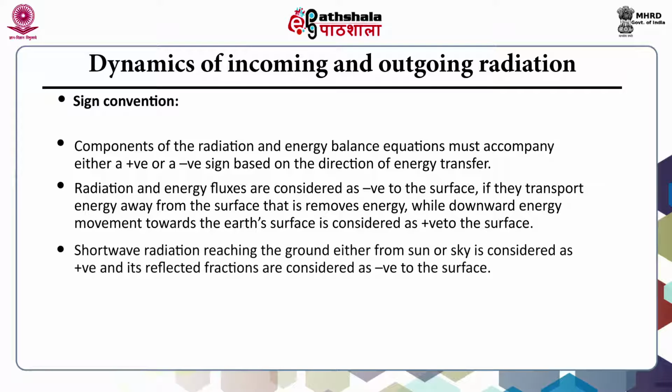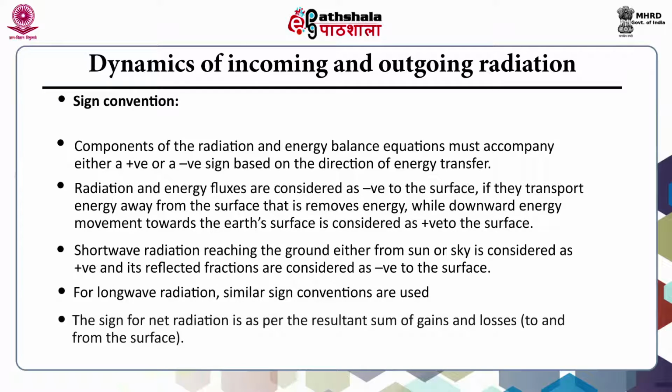Short wave radiation reaching the ground either from sun or sky is considered positive, and its reflected fractions are considered negative to the surface. For long wave radiation, similar sign conventions are used. The sign for the net radiation is as per the resultant sum of the gains and the losses, that is, to and from the surface.